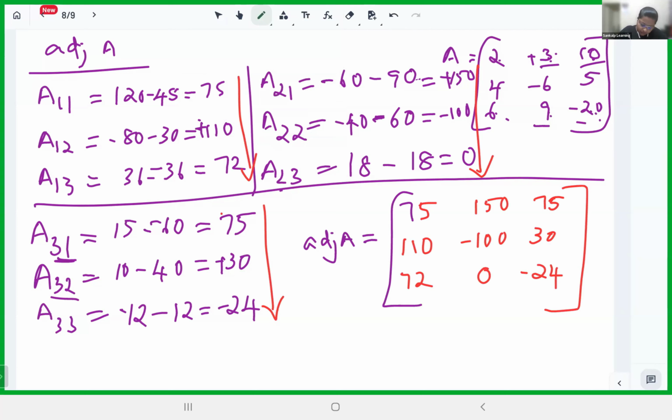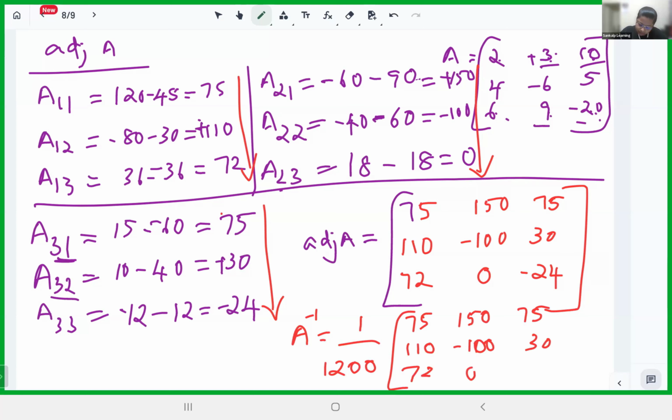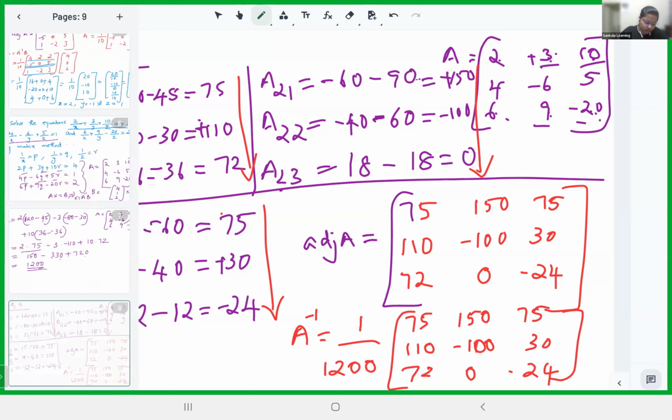And what about A inverse? A inverse is equal to 1 by determinant A, which is 1 by 1200 into adjoint of A. So this is the inverse of matrix A. Now what we have to do? We have to find out the solution, right?